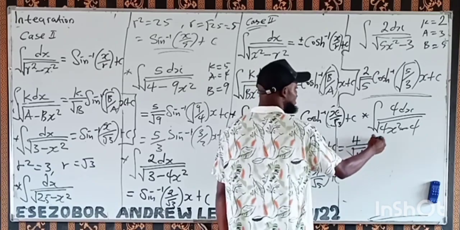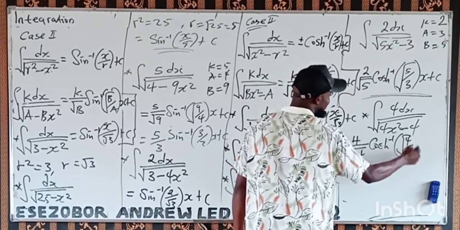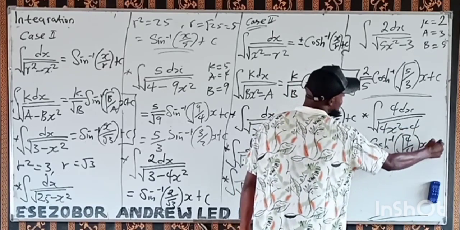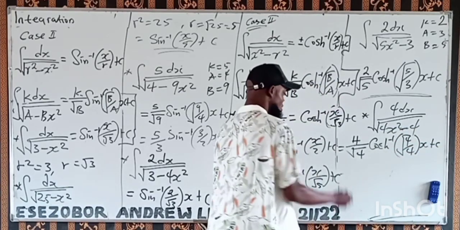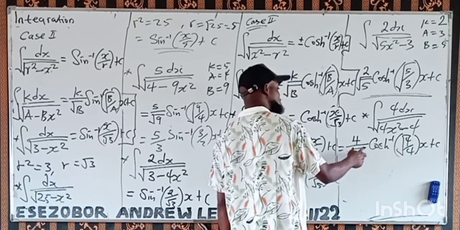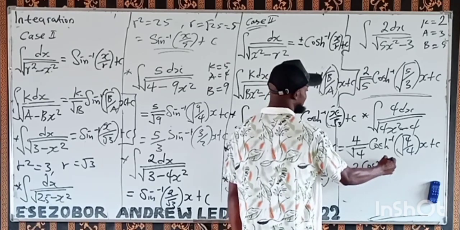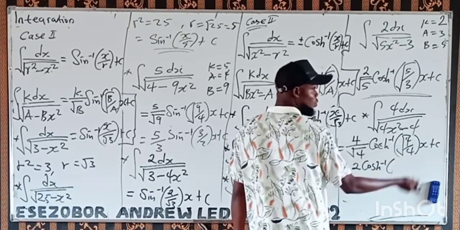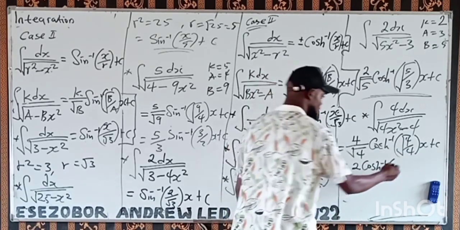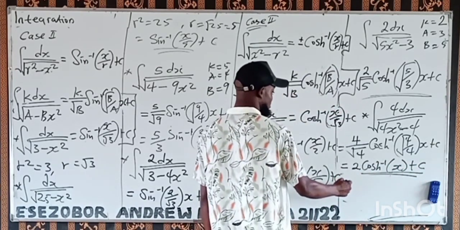Then cos inverse of root b over a x plus c. So that's going to give us 4 over 2, that's 2. Cos inverse of root 4 over 4, root 1 is 1, x plus c. Answer.